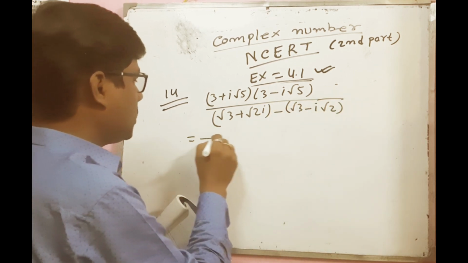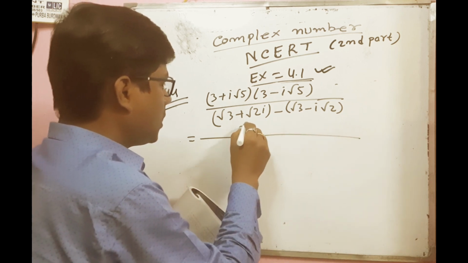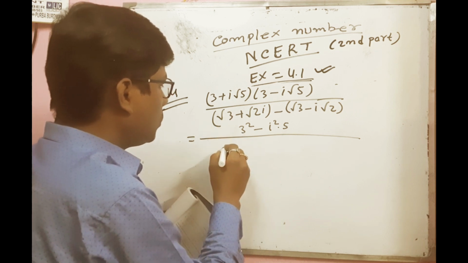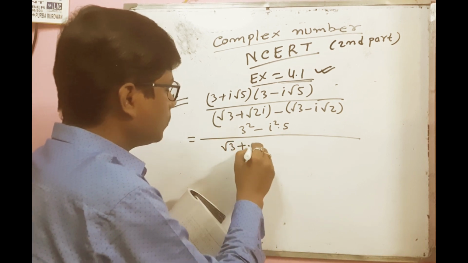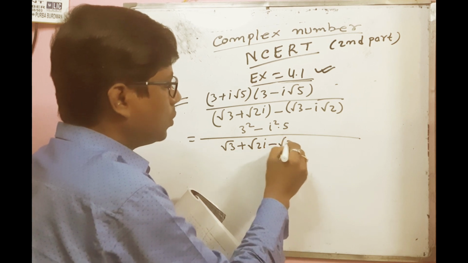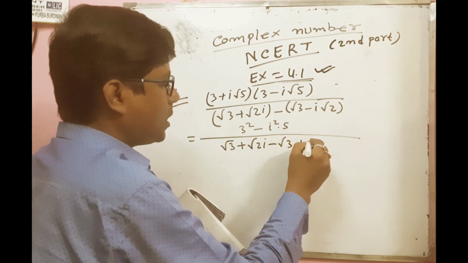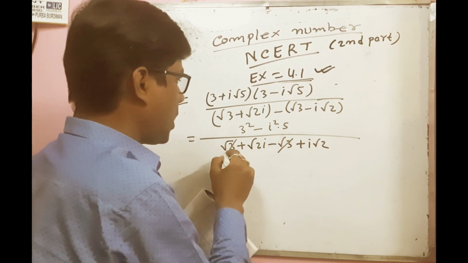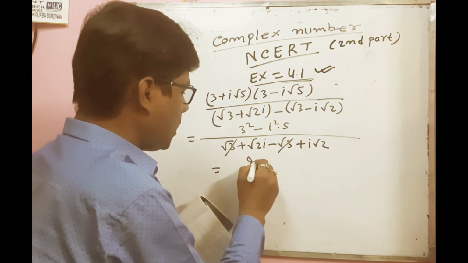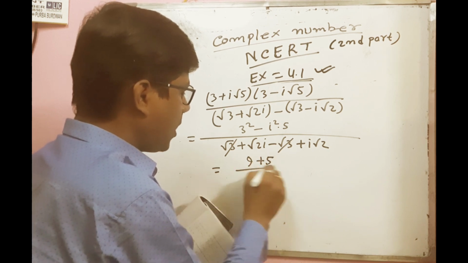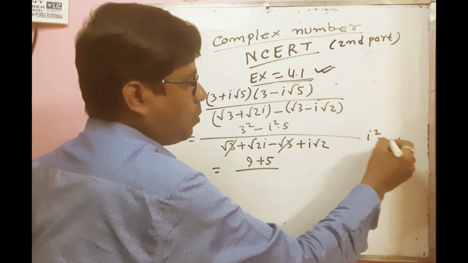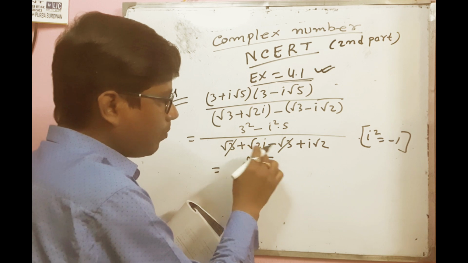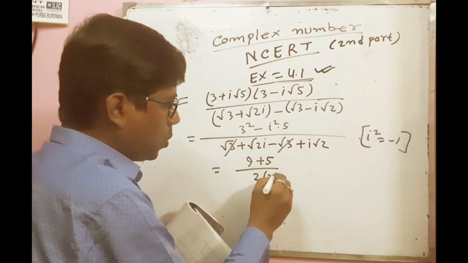Now calculating this, we get 3 square and i square 5, and now this one root 3 and minus, and calculating this we get root 3 vanishes, and 3 square means 9, and this is the plus 5 because of i square is equal to minus 1. Okay, so put it here, and now 2 root 2i.